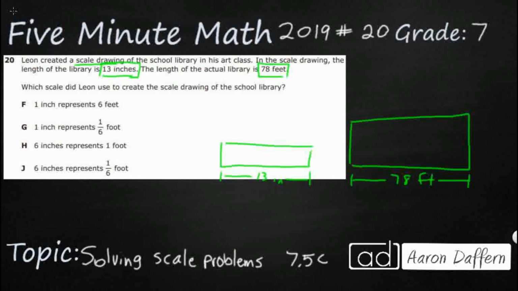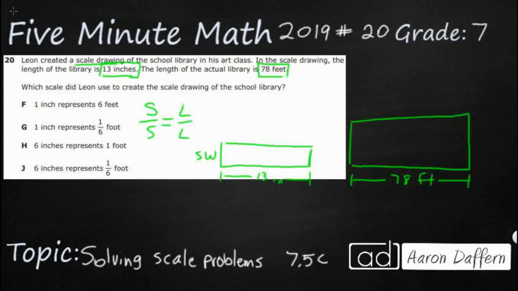Well, what happens if we just take this as a proportion here? We've got 2 different ways we can do this. We can have our small over the small equal the large over the large. So let's say we know the 13 inches, that's the length. Let's say we're looking for a missing W, so I'll call that small w.